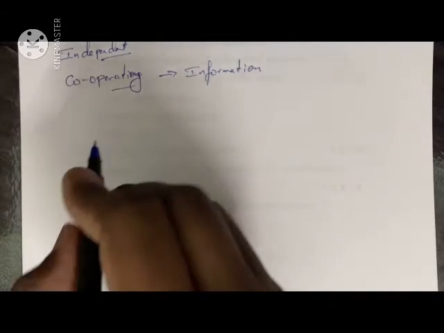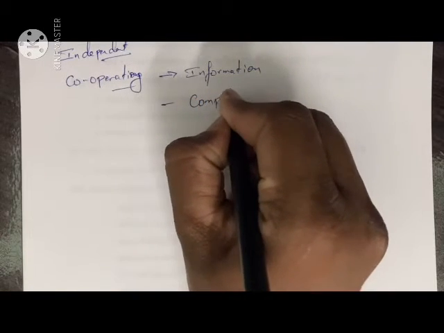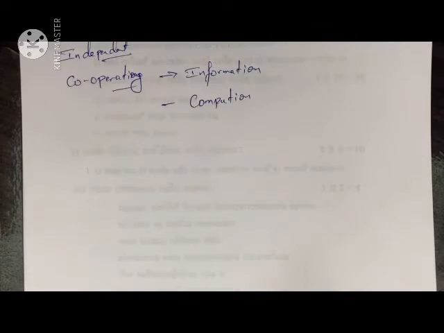Google Meet is a process that is going to take information from the camera. Similarly, one more type of process is based on computation. Computation is when, if one process wants to execute, that process will be accessing information from the other process.